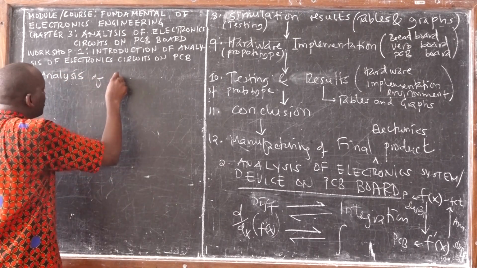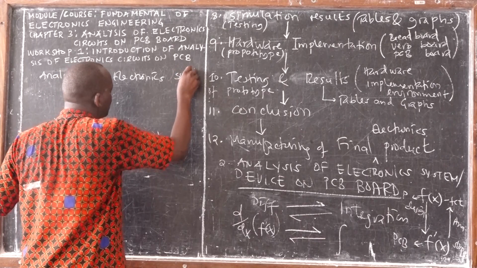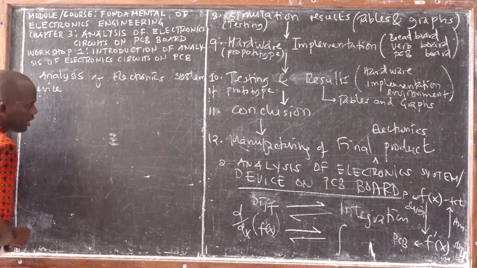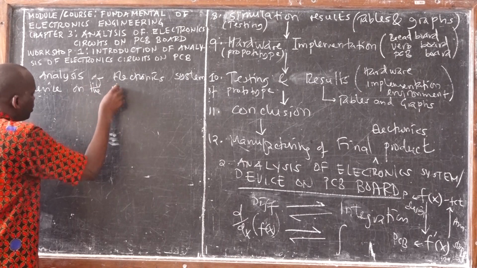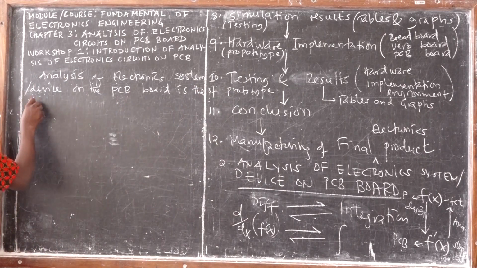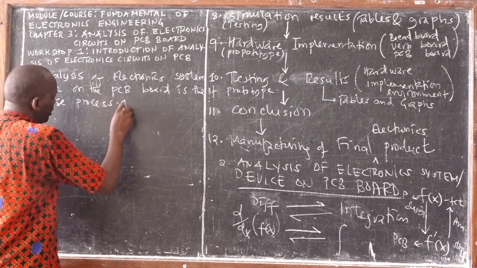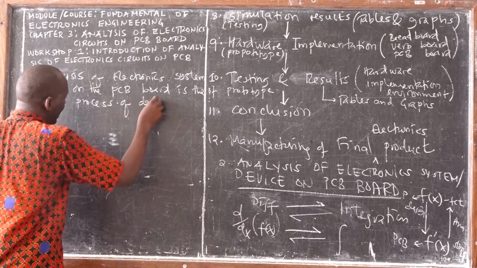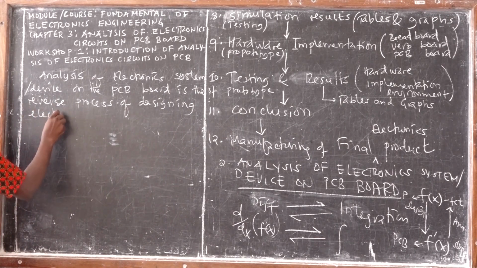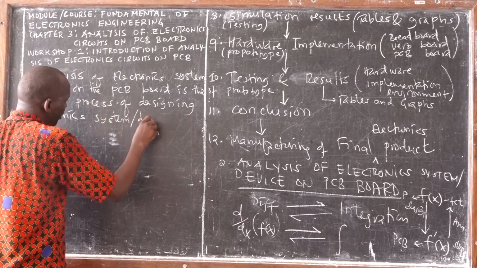Analysis of an electronic system or device on the PCB board is the reverse process of designing an electronic system or device.